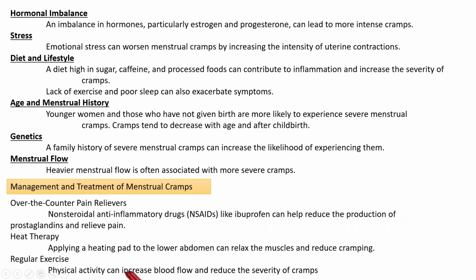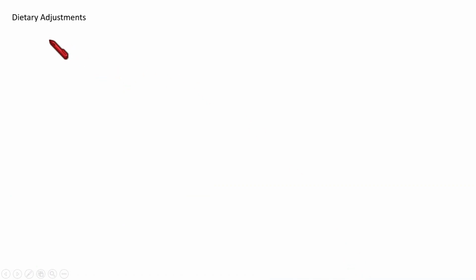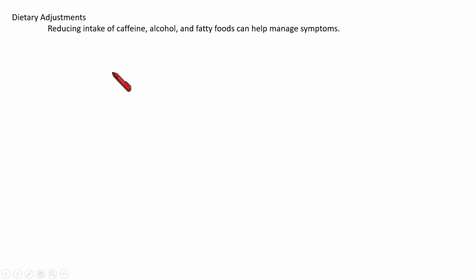Regular exercise: those who do physical activity have high blood flow, and that leads to reduced severity of cramps. Dietary adjustment, I already told you: don't take too much sugar, caffeine, alcohol, or fatty foods during the menstrual time. That also will help to reduce the cramps.